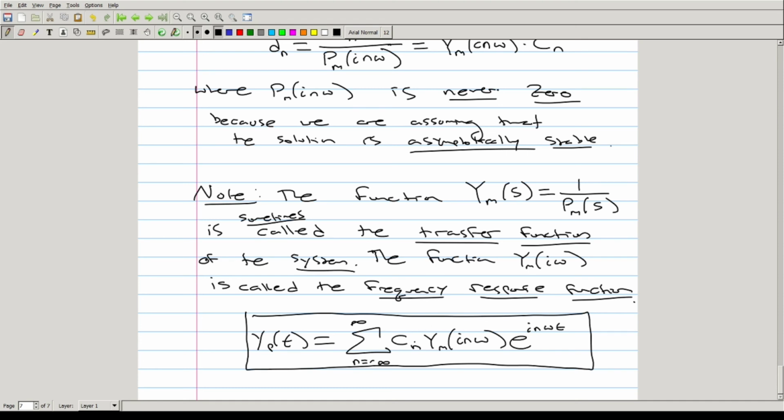And this is valid after the transition period through which the transient goes to 0. This is why it's sometimes called the steady state solution, in the case of asymptotic stability.